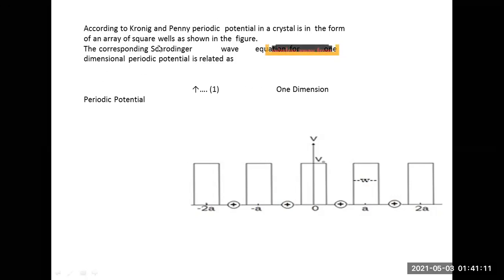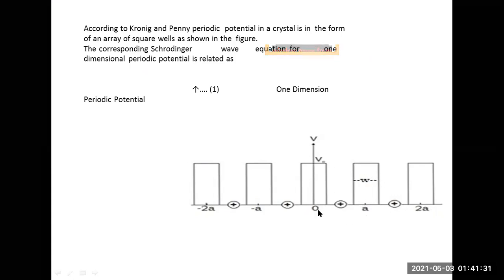According to the Kronig and Penney model, you can just see the diagram, right? The movement of the electrons is through an array of square wells. You can see they are square wells, right?